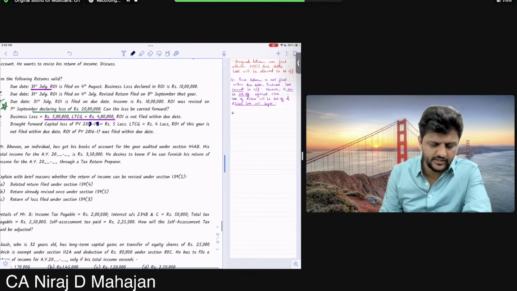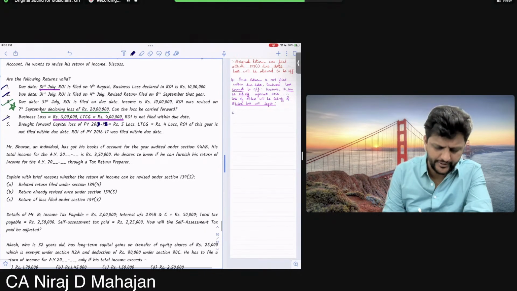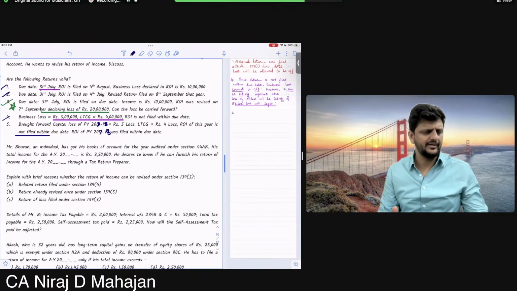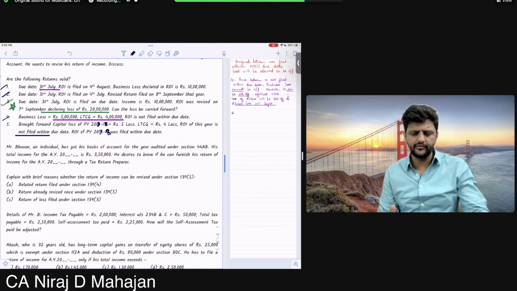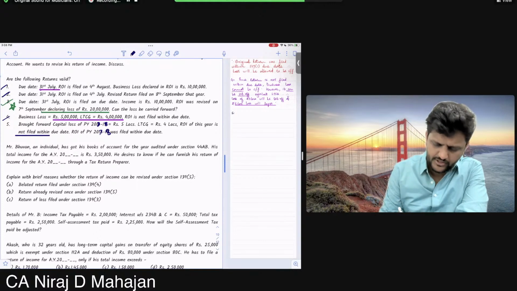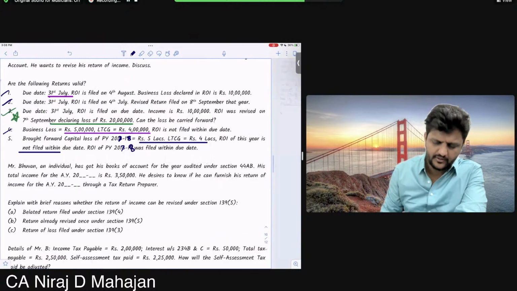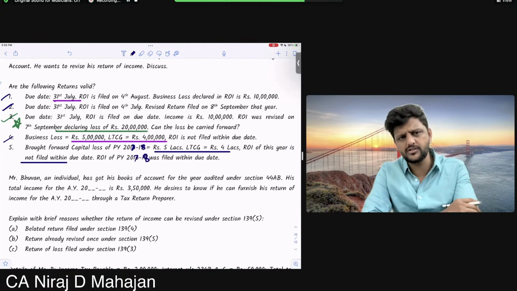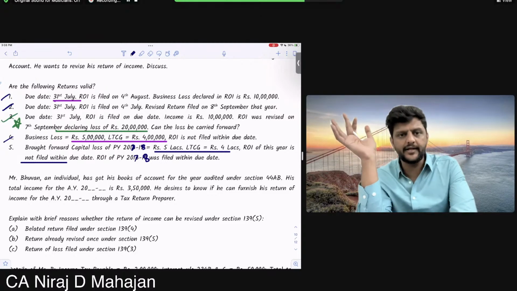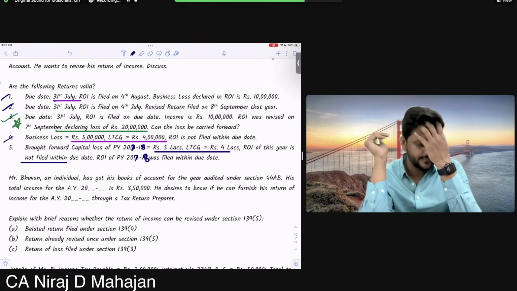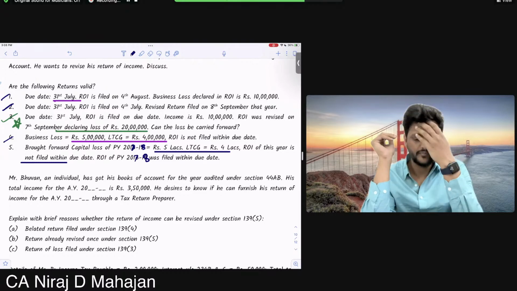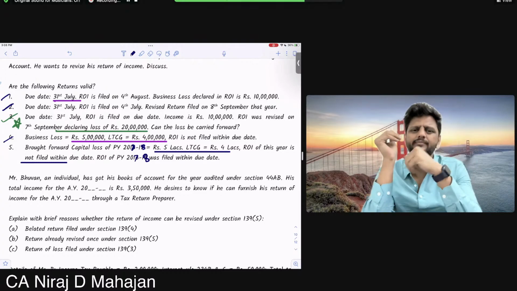ROI of this year is not filed within due date, but ROI of 17-18 was filed within due date. As it is, in the current year you don't have any loss, no? Or do you have? Yes, we need to still carry forward. Check what is happening. PY 17-18 we have loss. Capital loss is still brought forward; it is within 8 years.